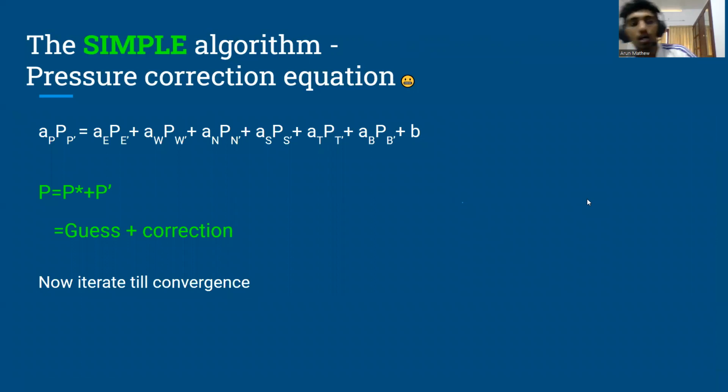So the value of pressure will be equal to the guessed value of pressure plus the correction needed. Now we can iterate this till convergence of conservation of mass.